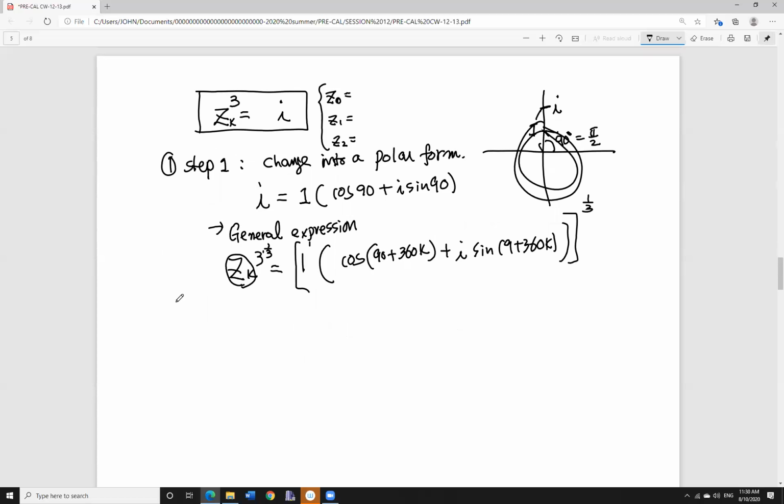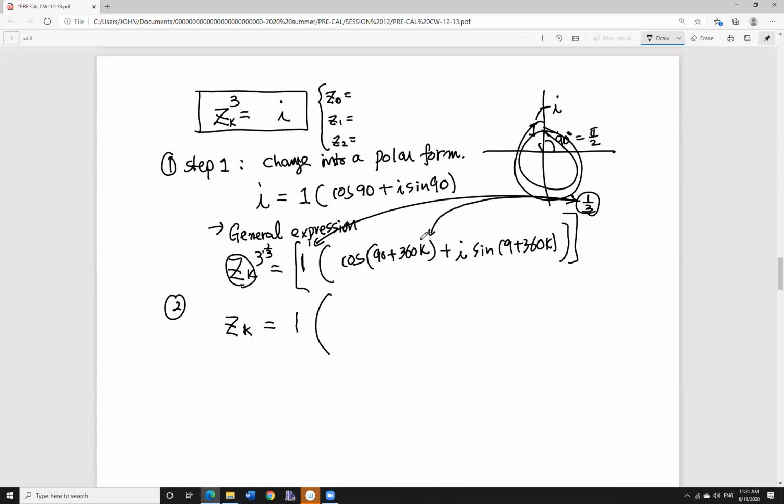Okay, so finally we can set up the root. The third root, isn't it? The cube root of i, imaginary i. The cube root can be obtained what? This is to the 1/3, okay? Here, 1 to the 1/3 is still 1. Don't care about this one. The 1/3 power is by De Moivre's theorem.